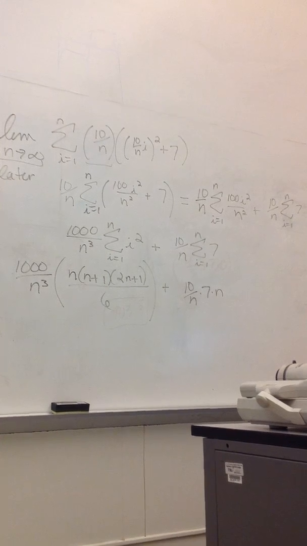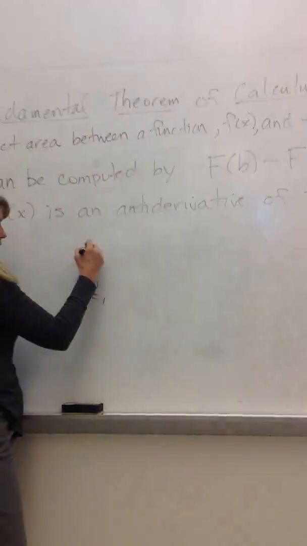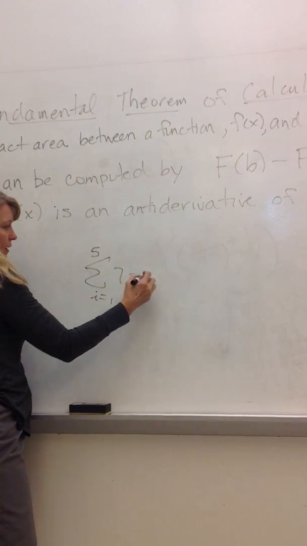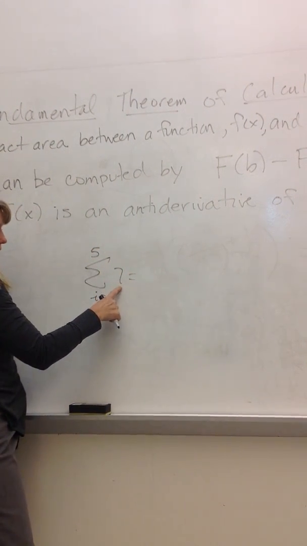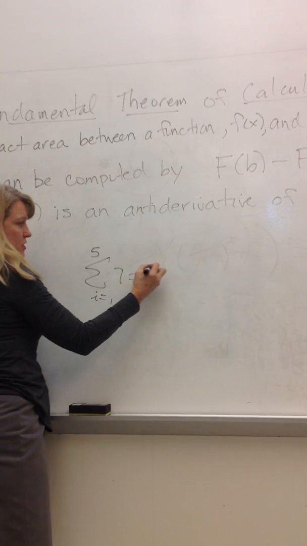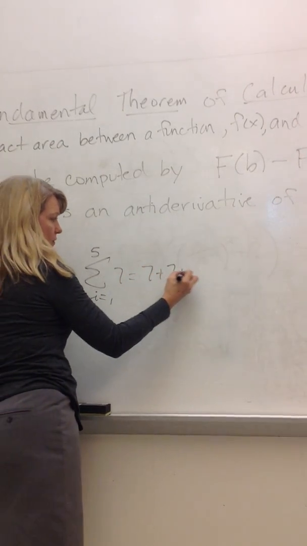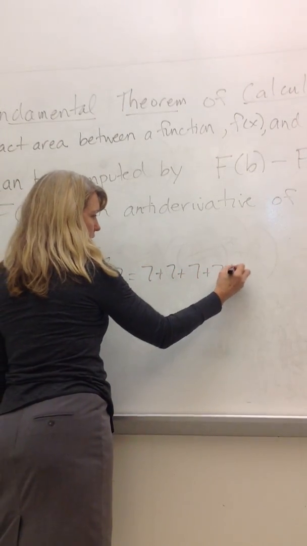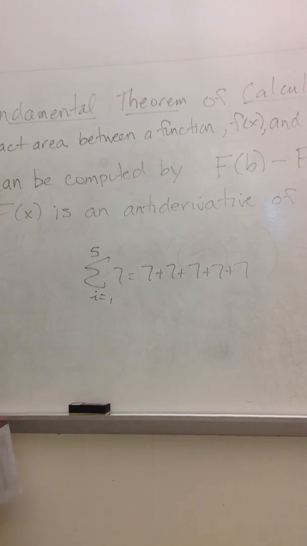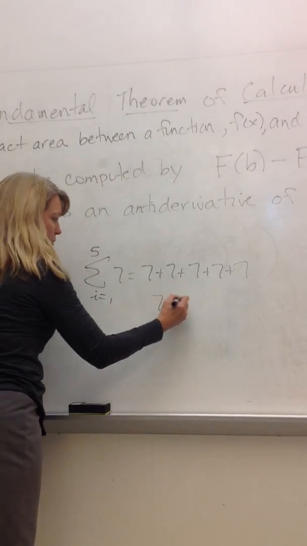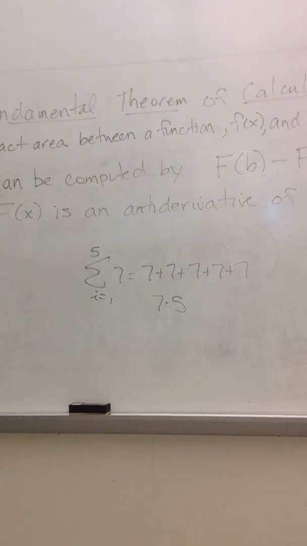Just think about if I was just going from 1 to 5. There's no i here. So this is telling me just to add 7 and 7 and 7 and 7 and 7. So how many 7s did I add? 5. So the answer is going to be the same as 5 times n, whatever my n is.